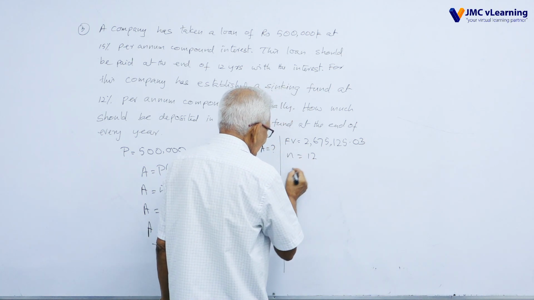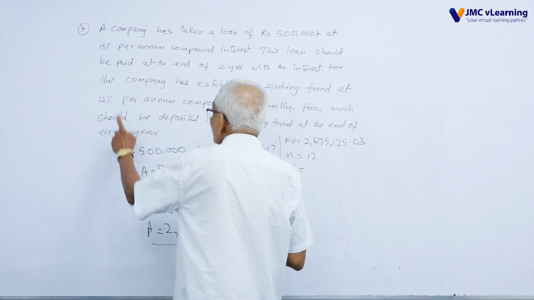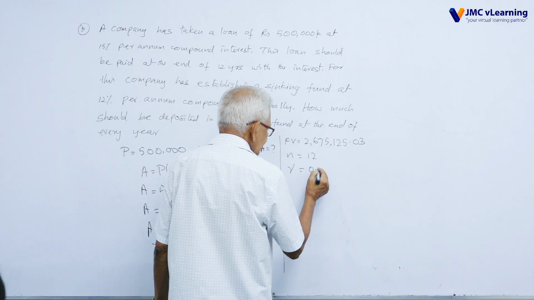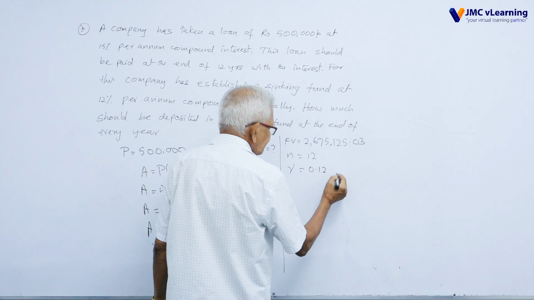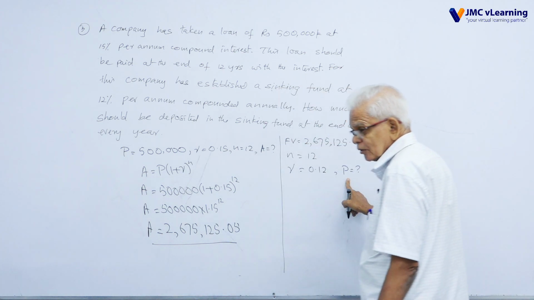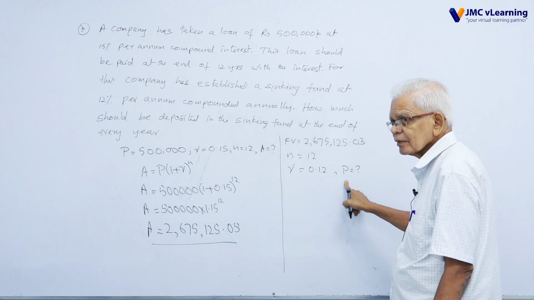N equal 12. Their R is 12%, 0.12. P equal question mark. That P is the money that you deposit at the end of every year.